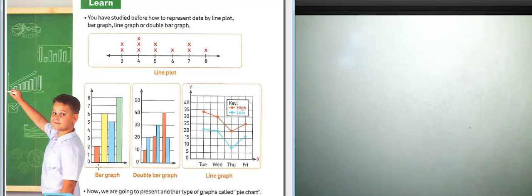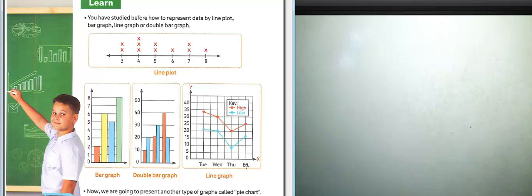Right in here the horizontal numbers, and then repeating numbers and drawing the bar graph, or drawing the double bar graph if you want to compare between two data.